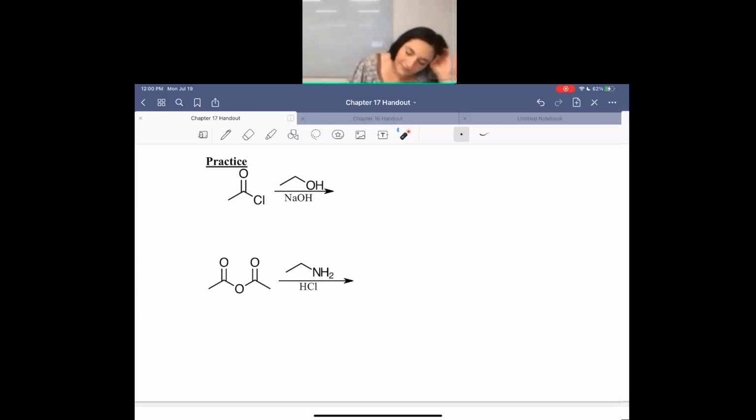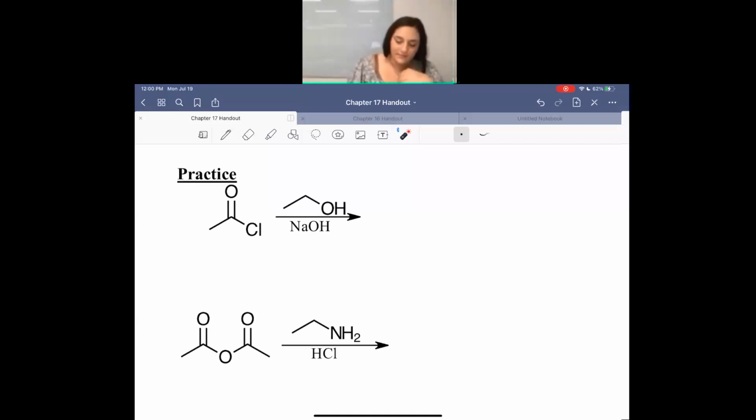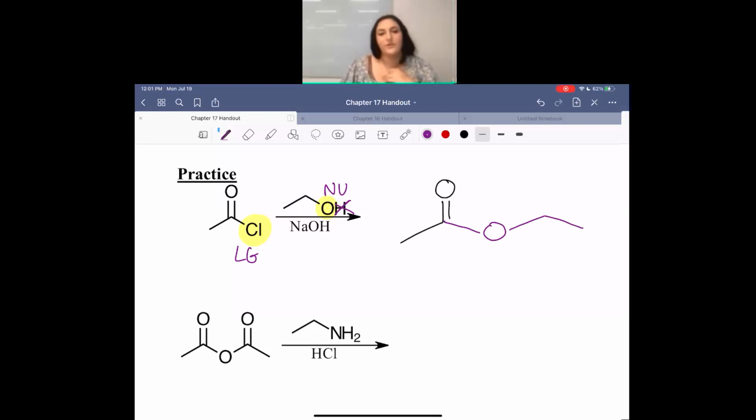So, step number 1, we see leaving group, we see nucleophile, and we get rid of a hydrogen. So we get this attached to O, attached to the R group. Questions, comments, concerns?